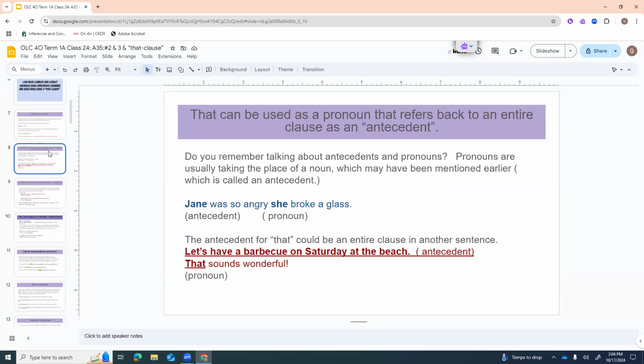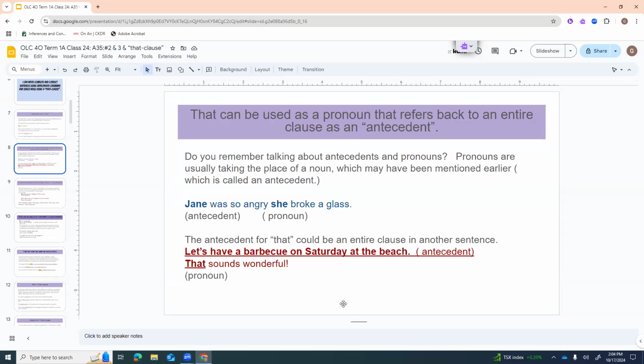Now, it can also be used as a special type of pronoun that refers back to an entire other clause, and it's using the other clause as the antecedent, or the part that comes before. Do you remember before when we were talking about antecedents and pronouns? Pronouns take the place of a noun, which may have been mentioned earlier, and that is called the antecedent. So if I say Jane was so angry, she broke a glass, she is the pronoun, and it's referring back to the antecedent noun, Jane, okay?